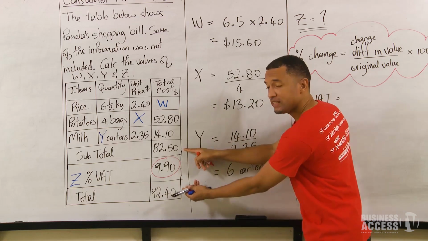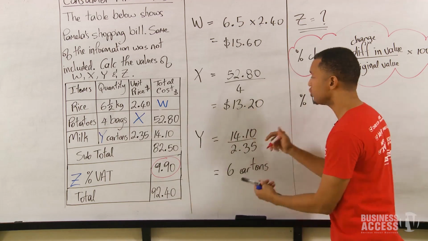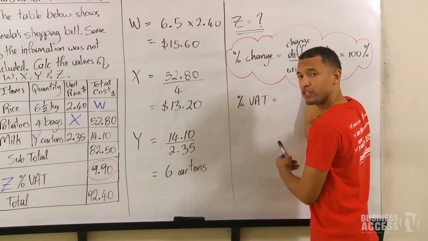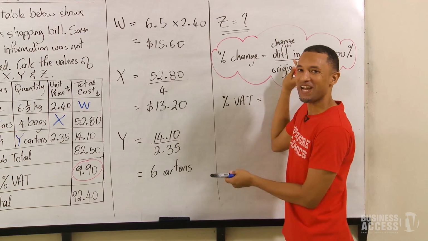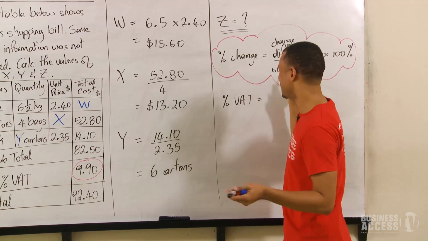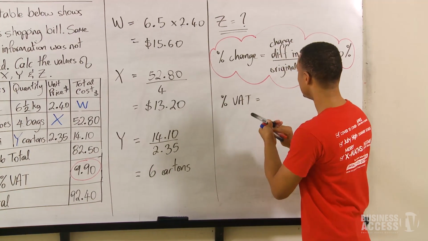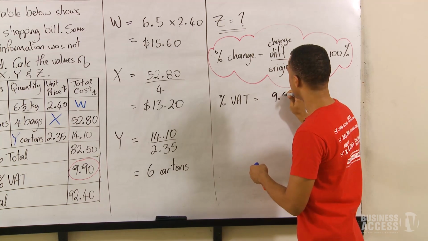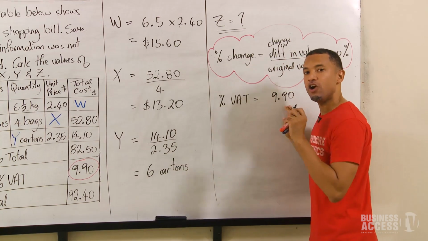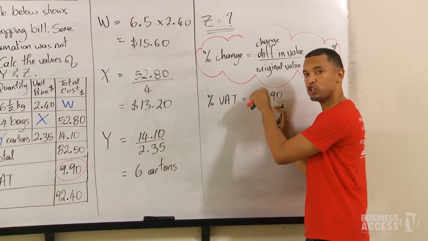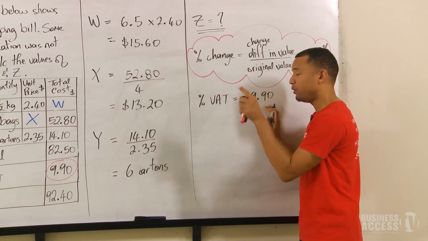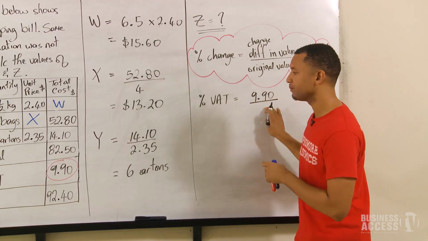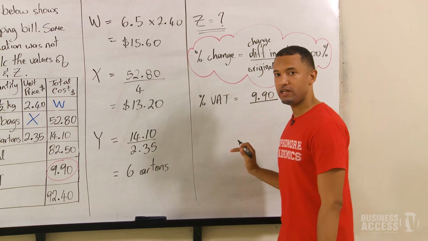So this is the difference in value. Usually you would have to work it out, but thankfully this time they gave it to us. So the difference in value, or the change in value, is actually $9.90. What was the original value?